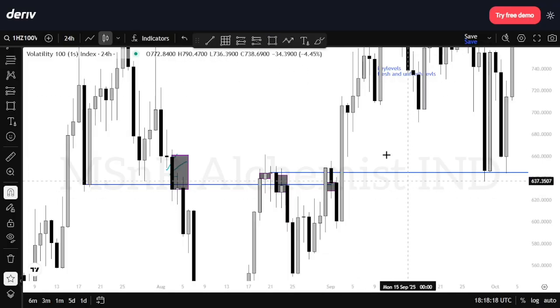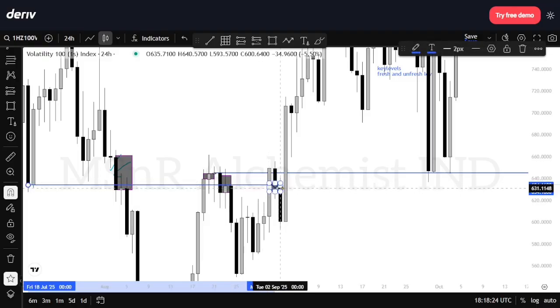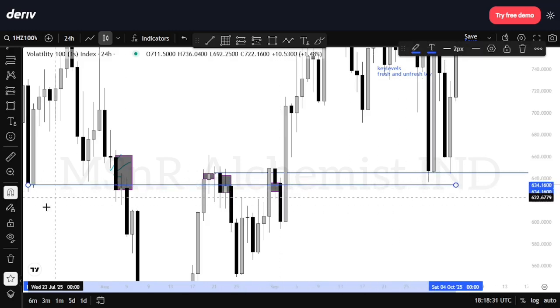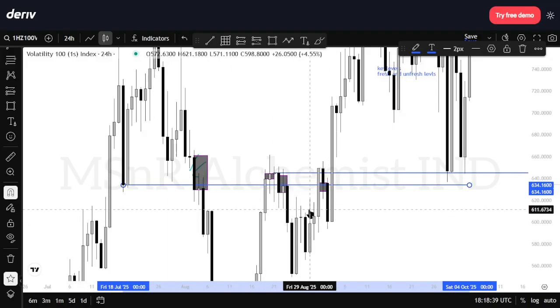After that we are not going to use this level again, because it crosses its limit of holding trades and becomes invalid.